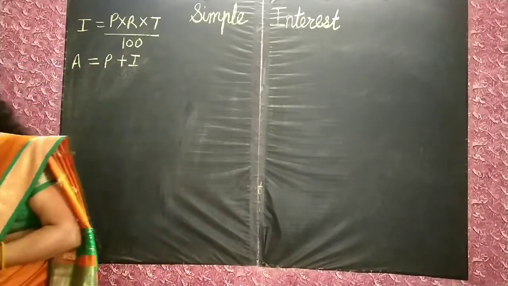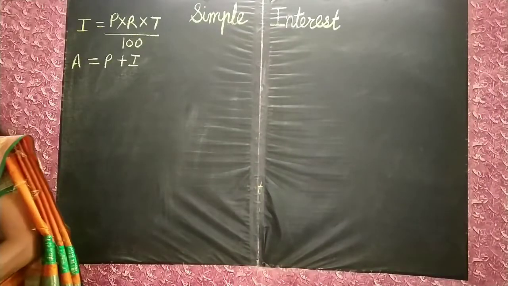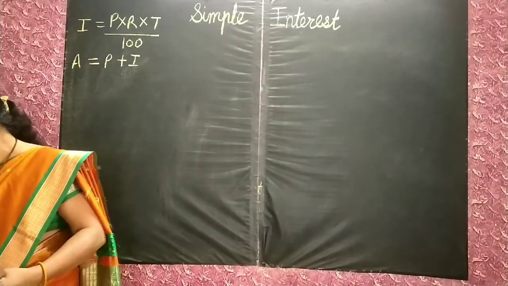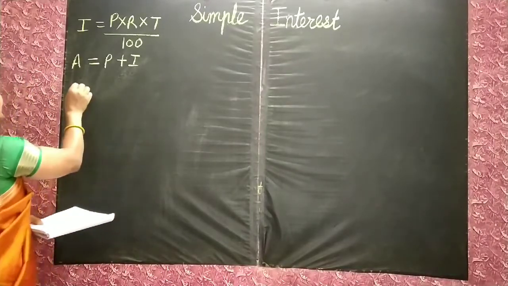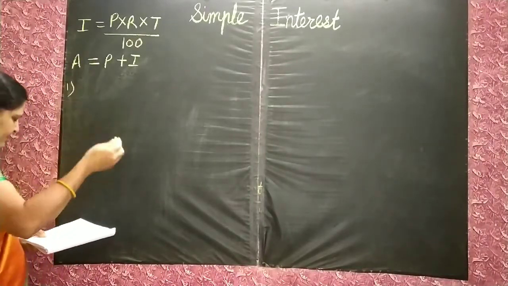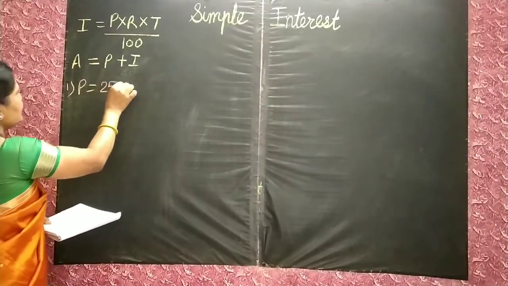In your textbook, the example is given on page number 73. First example we'll solve. Principal is given, 25,000 rupees.